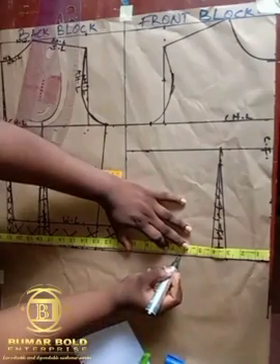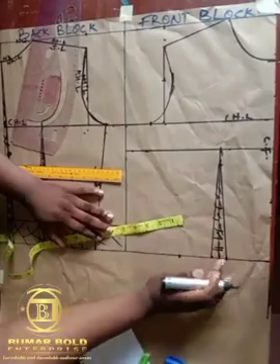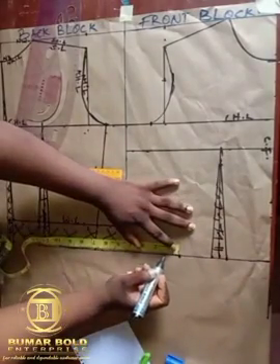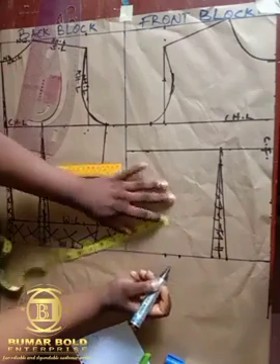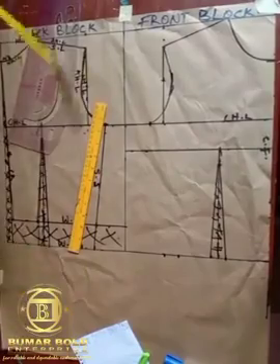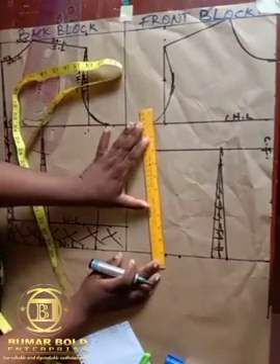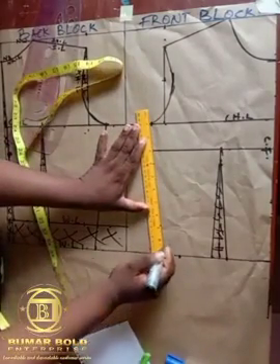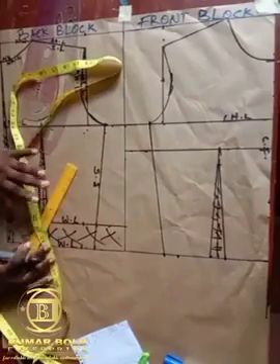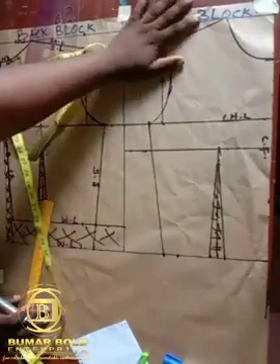Mark your 6.25. Remember, we took 1 inch here, return it back just the same way we did for the front, like so. Then we connect it to the bust measurement at the upper part, like this, all the way. So now we've done this for the front block.